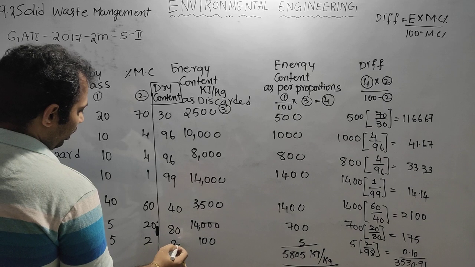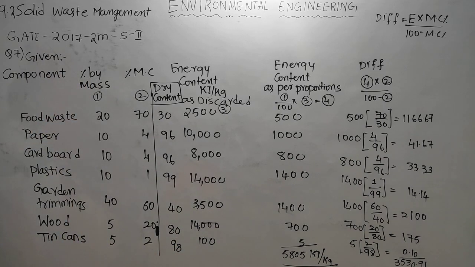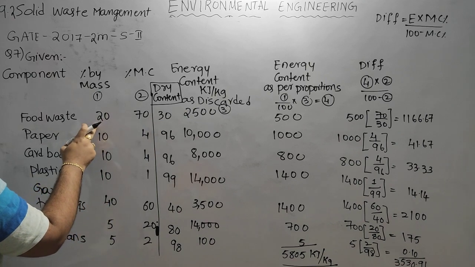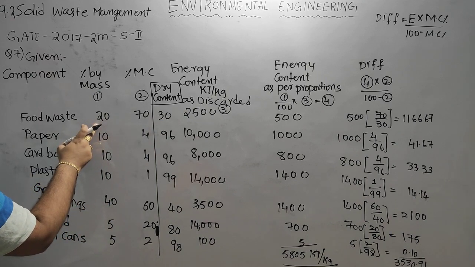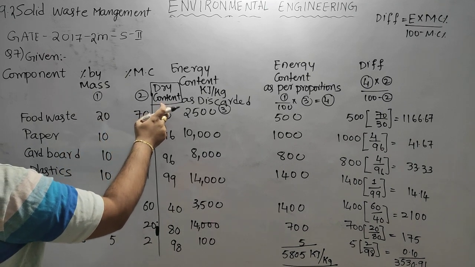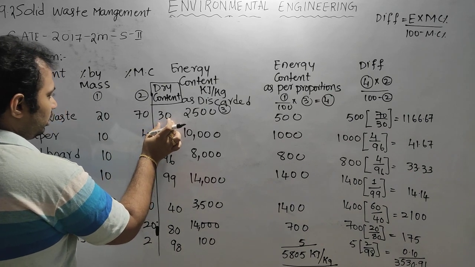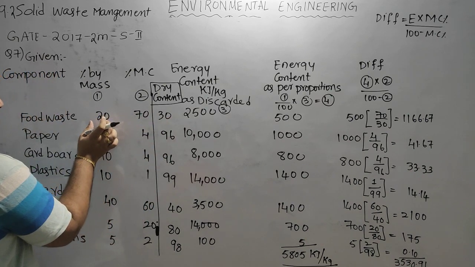So this is the dry content. This is the dry content 30%, but it is having a mass per proportion of 20%. Then we will get the dry content proportion. As per the moisture it should be 30%, but as per the proportion it is 20%.